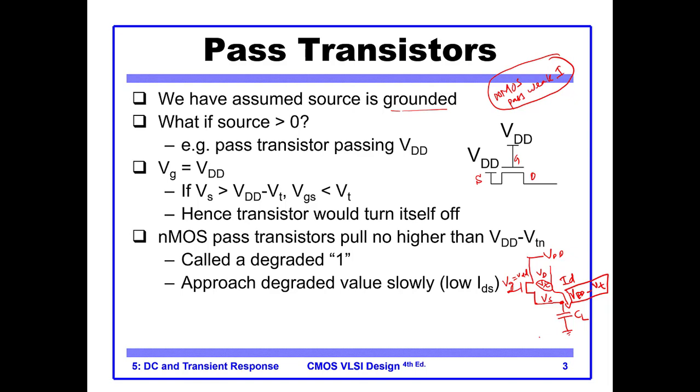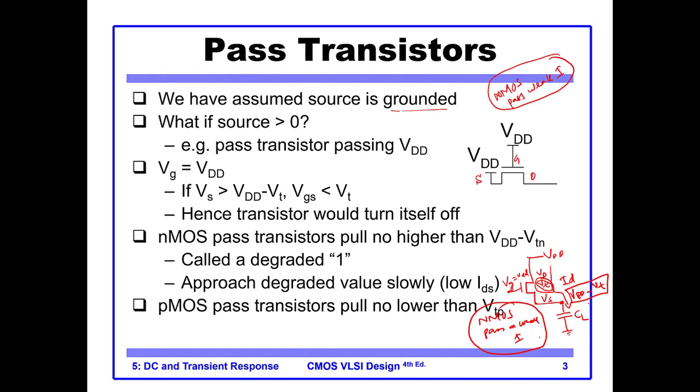So because of the threshold voltage drop here, this voltage is always less than VDD, and that's why we say that the NMOS passes a weak 1. It is not VDD, but it is VDD minus the threshold voltage. So that was the reason. And the same way a PMOS passes a weak 0.